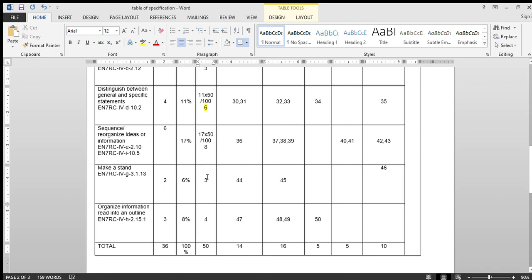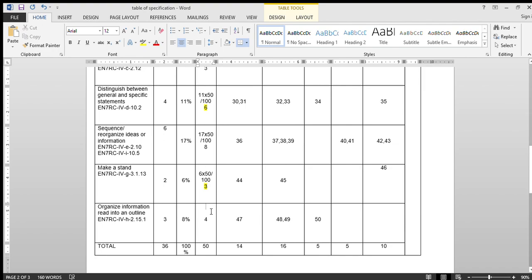Next, again, same process. Okay, so we have here 6% of items times 50 divided by 100, equals 3.